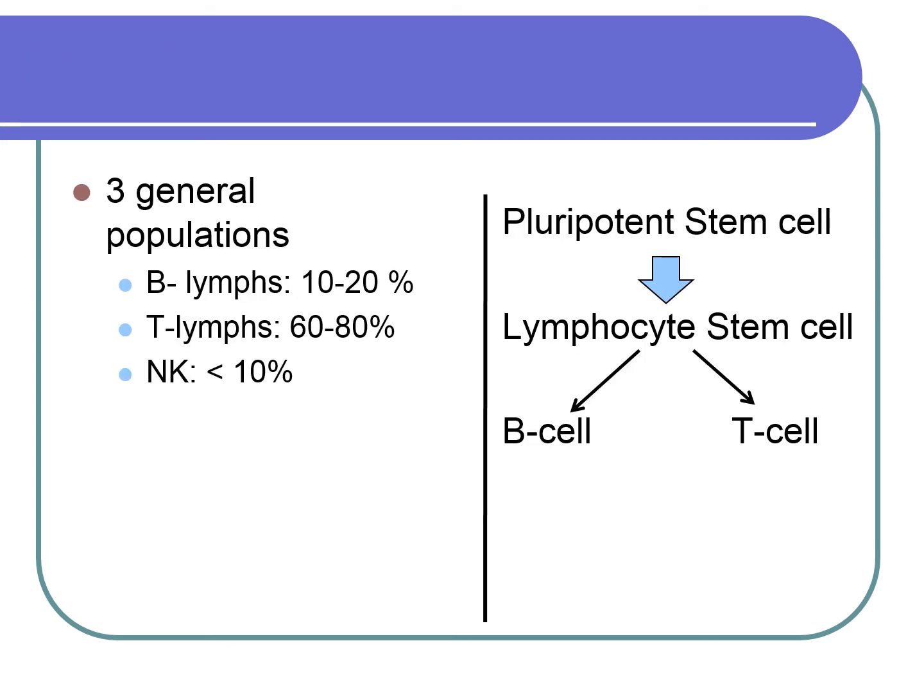We have three different populations of lymphocytes, either B lymphocytes, T lymphocytes, or NK cells. The T lymphocytes, they are the predominant lymphocytes in our circulating blood, followed by the B lymphocytes and NK cells.